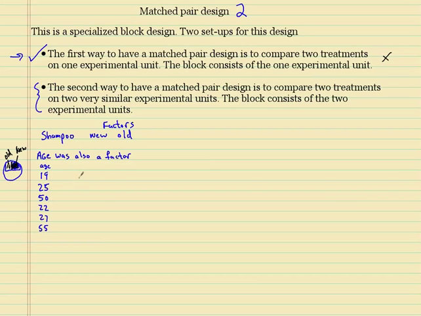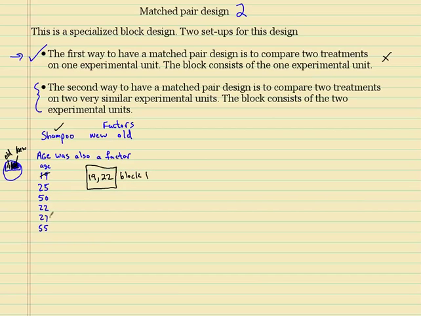So the best that we could do is we create these blocks. I like doing the blocks like this. And since age was also a factor in determining how well the shampoo worked, okay, we want a block. Each block needs to be similar. So I would take this 19-year-old and I'd put them with the 22-year-old. This would be block 1.